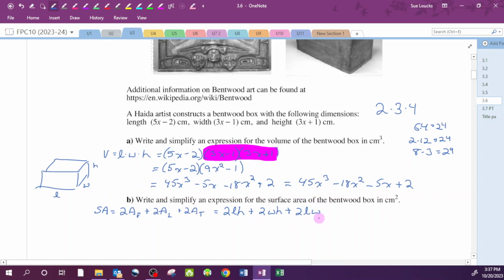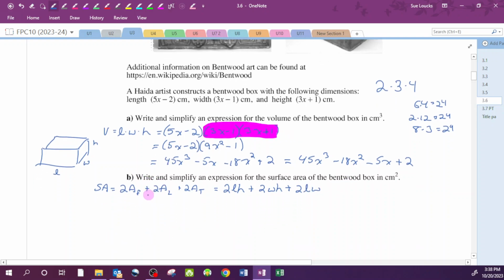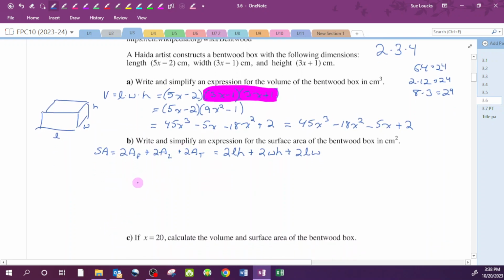Okay, if I had space, I would have written this underneath it so it was a little bit more clear where it came from, but there's not enough space here to actually do that. So now I'm going to fill in my numbers for this. I've got 2 times the length.